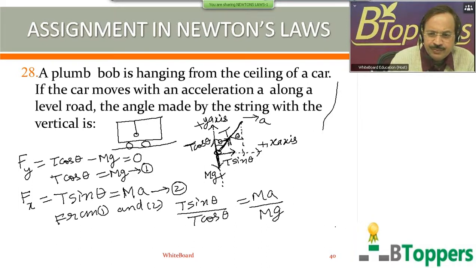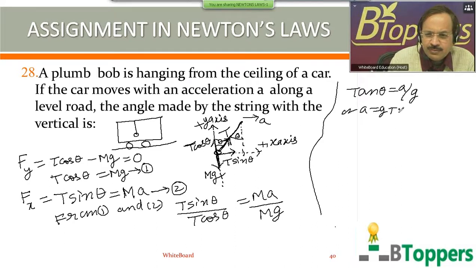So you get tan theta equal to A by g, or A equal to g tan theta. Of course, in the given problem, you are asked to find theta, so the answer can be written as tan inverse of A by g.